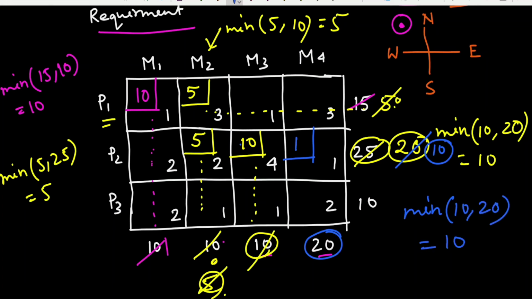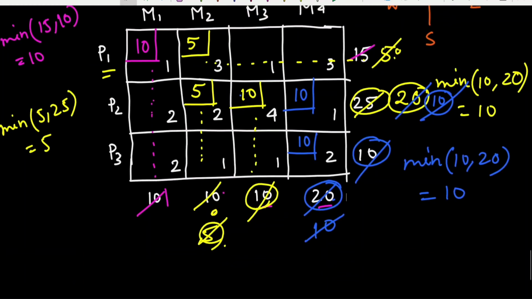So we write 10 units here. The availability for P2 is exhausted. Now the availability of P3 is 10 units, and the requirement of market M4 is 10 units. So we put 10 here, and these two are also exhausted. So this is the solution of this problem.